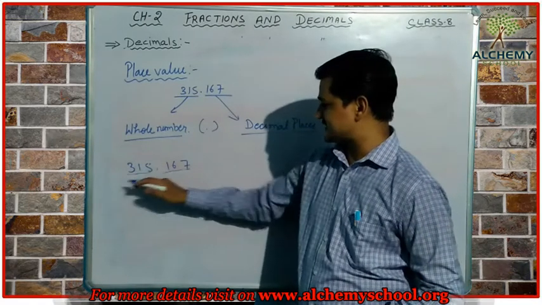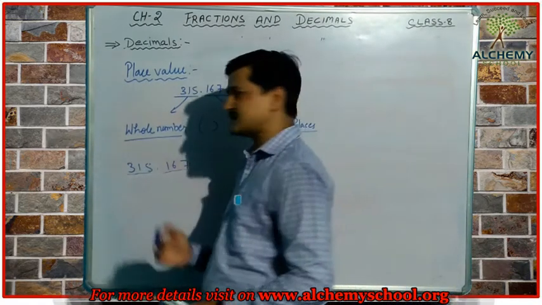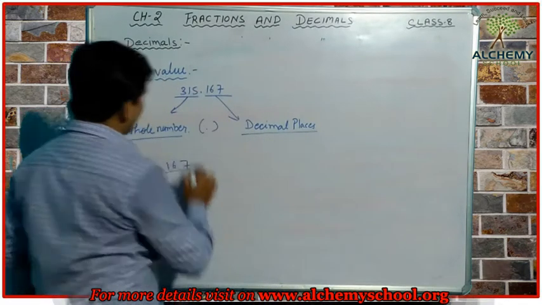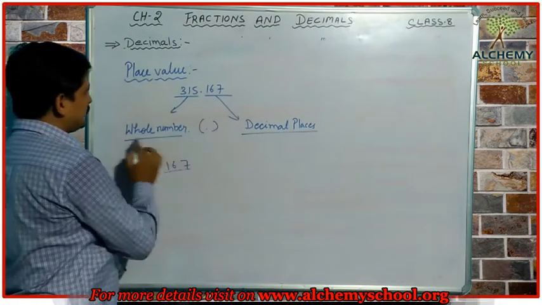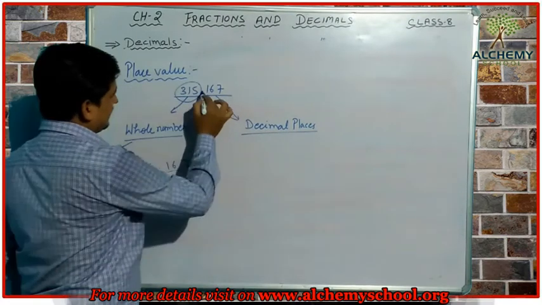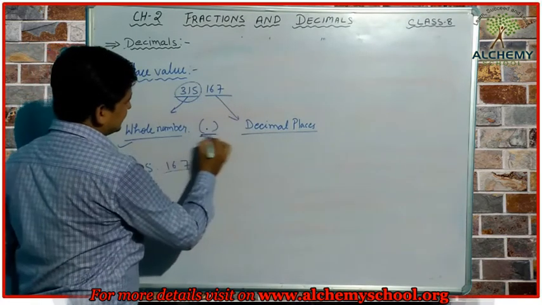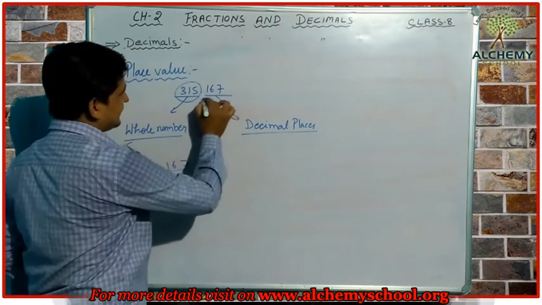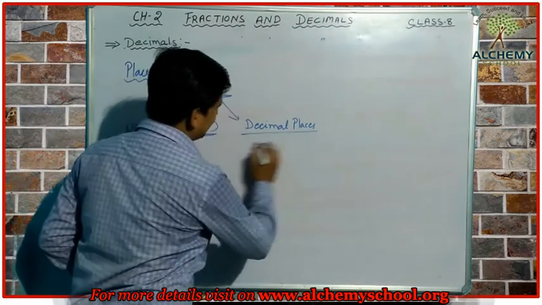To understand these things, first of all we have to understand that any decimal number can be divided into three parts. One part represents the whole number, the second part is the decimal point, and the third part is represented by the decimal places.